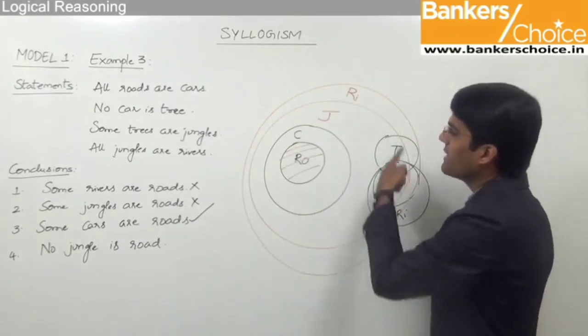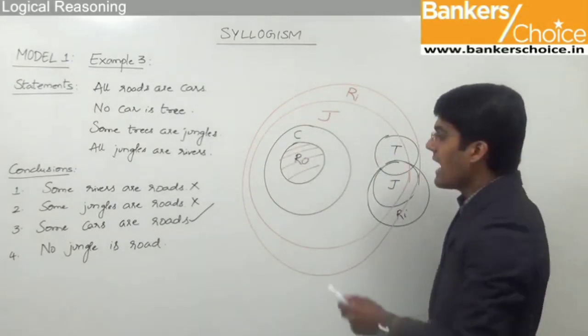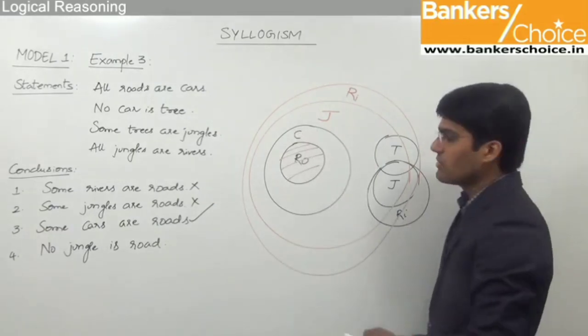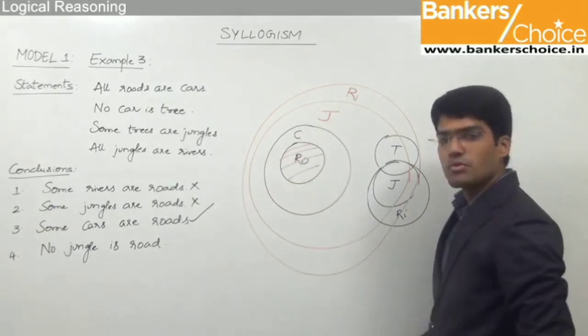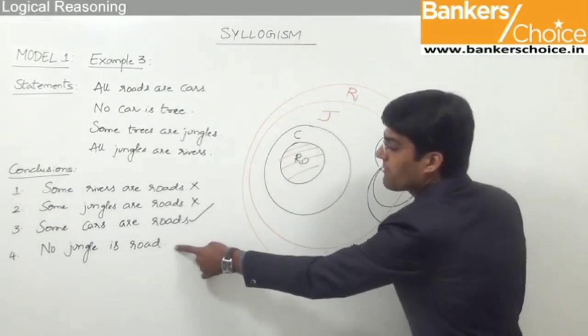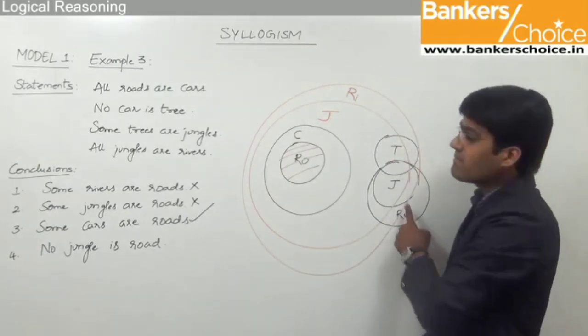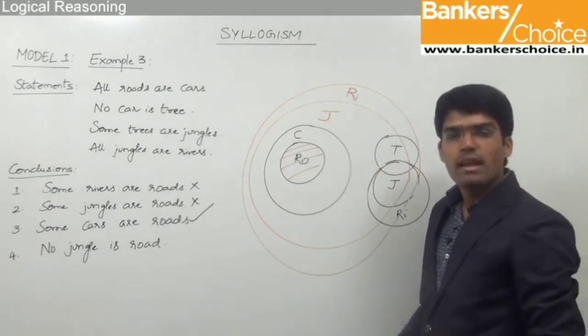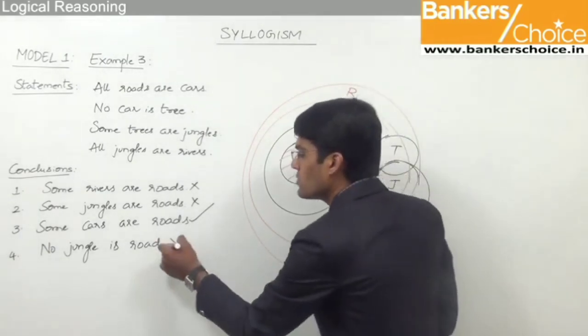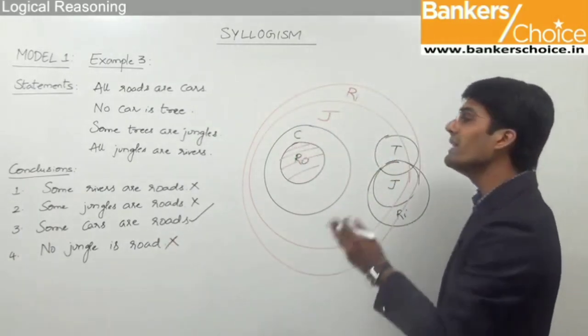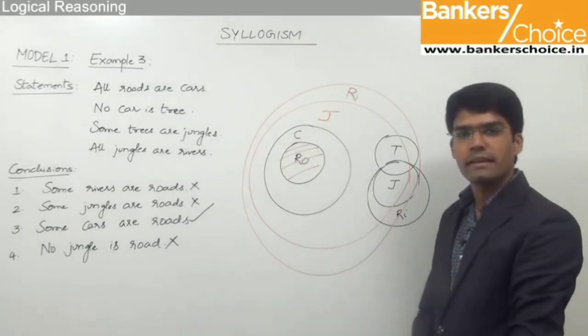Because jungles here is shown by the red circle and roads are inside the jungles. So definitely no jungle is a road fails. Why? Because some of the jungles are roads. So we find that conclusion number 4 follows the basic diagram, but it fails in the second diagram. And because a conclusion should be true in all the possible cases, we can say that conclusion 4 is false because it is true only in the basic diagram but not in the second diagram.